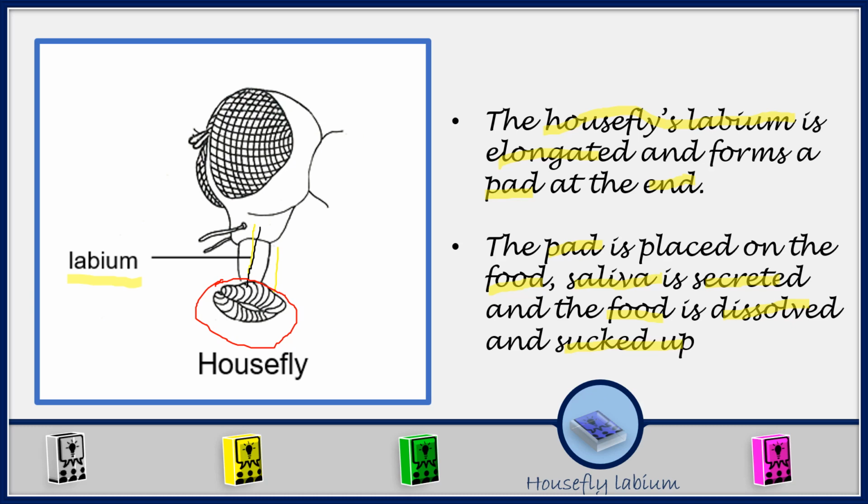So the pad is placed on the food, and then it releases the saliva onto the food, and the food is dissolved in the saliva. Then the food is absorbed, sucked through the pad and then through the labium, and taken into the gut.